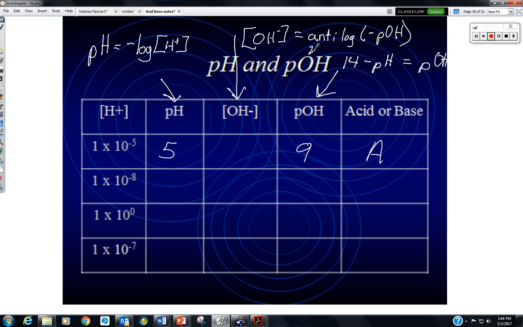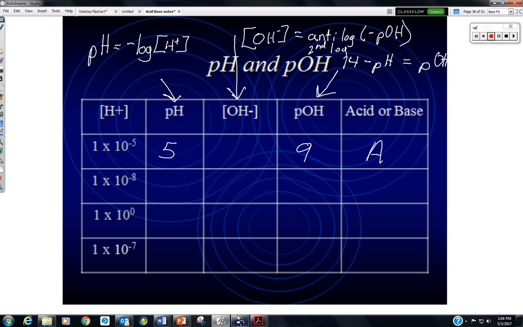Antilog is the same thing as saying second log. All we're doing is putting this basically 10 to the power of the negative pH.